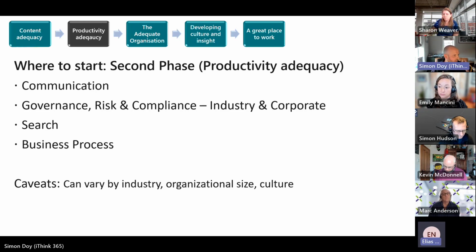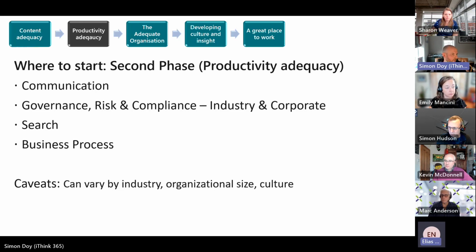Also, in the second phase, we talk about expanding the governance, risk and compliance competency. So introducing more areas around, now that we've got all this content in, how we can protect those assets and take that journey further on. And then we've got search in here as well, so people need to be able to find content, so we need to put effort into that.